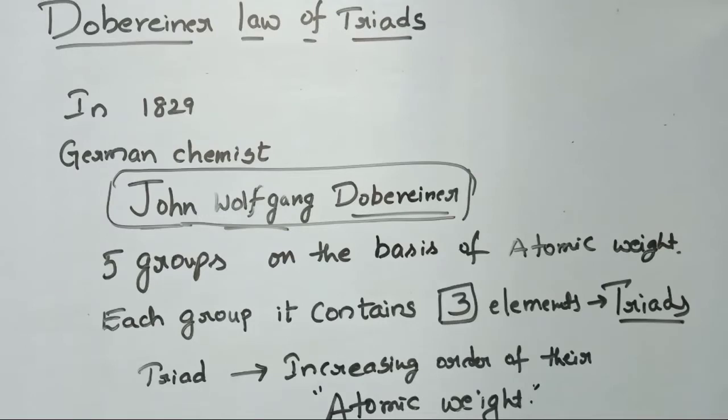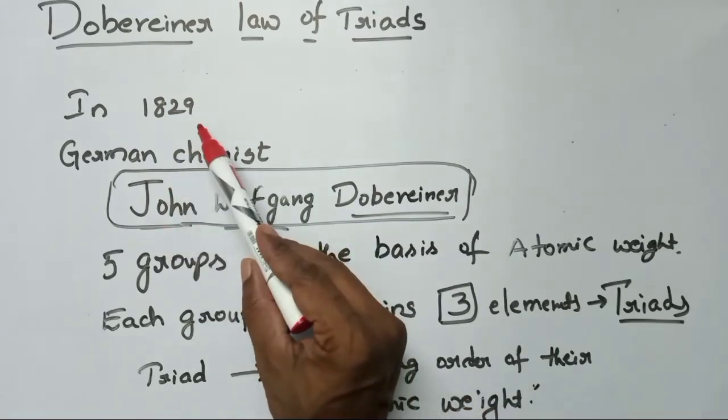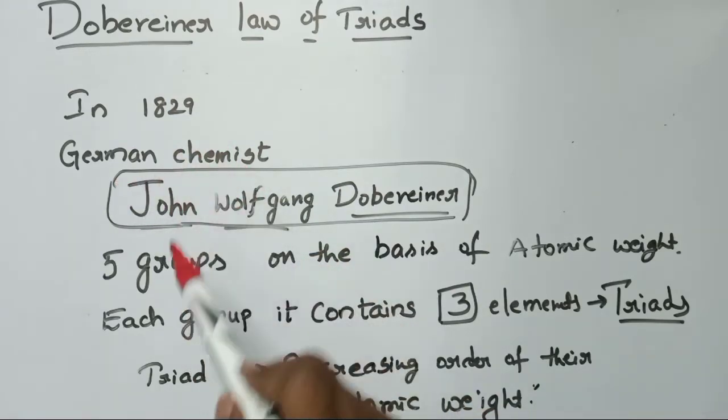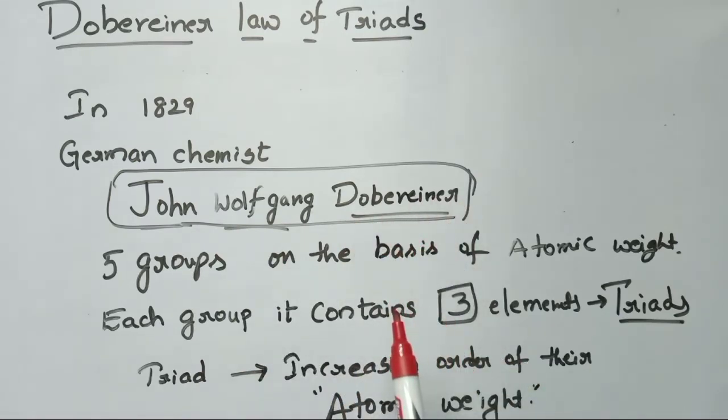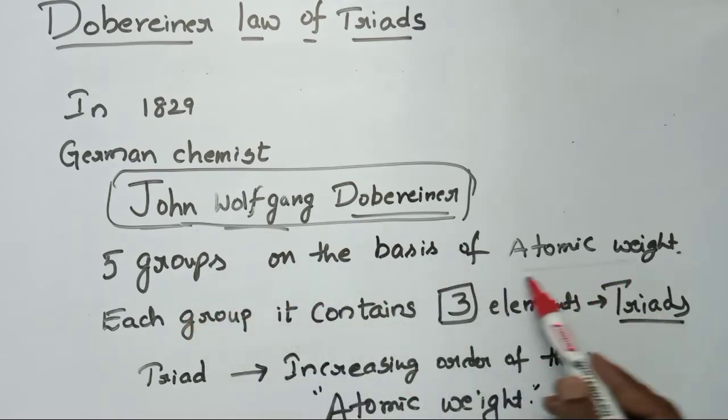Let us see the important topic right now, that is Dobereiner's Law of Triads. In 1829, a German chemist known as Johann Wolfgang Dobereiner tried to classify all the elements into groups. In his classification, he tried to classify some of the elements into 5 groups on the basis of their atomic weights.